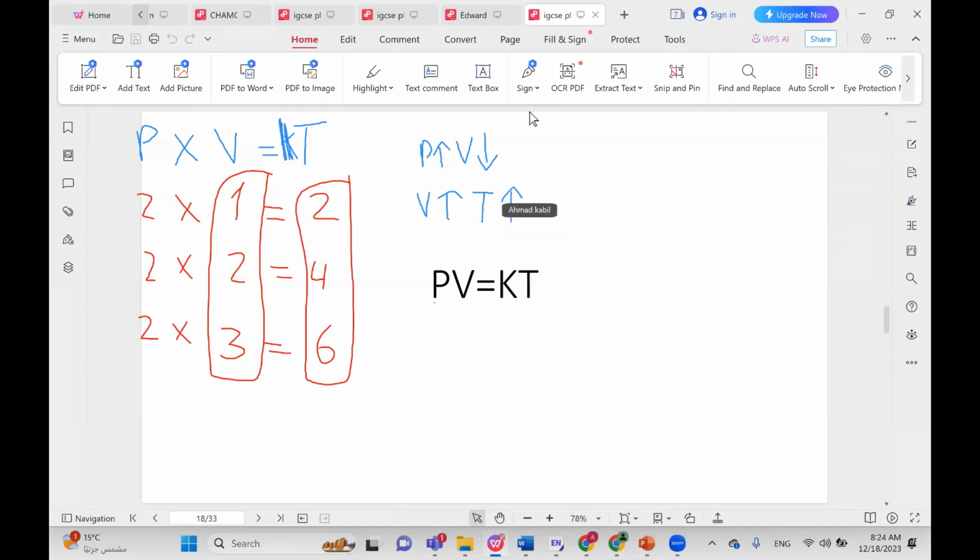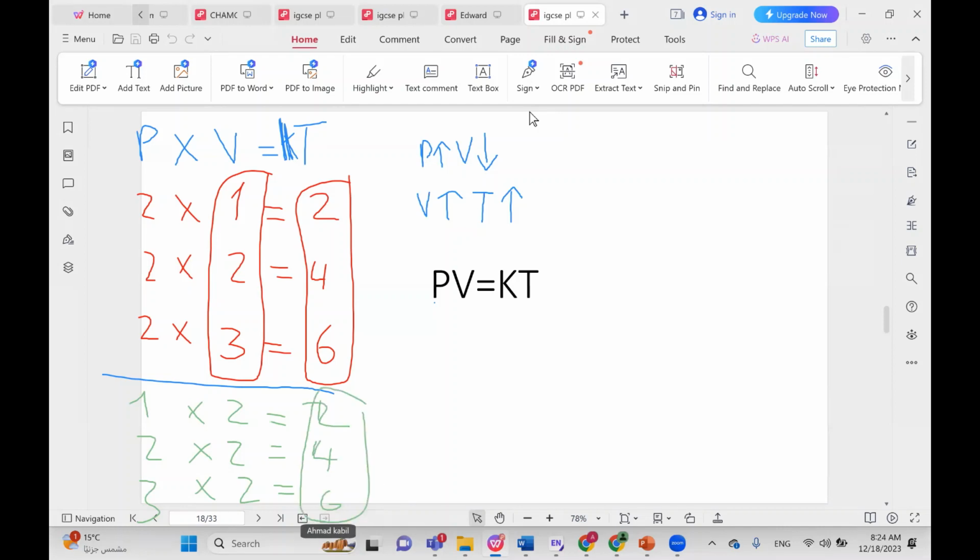Now let's try to do the other way around. Let's keep the volume constant. So let's keep this as 2. And let's maybe try to change the pressure. 1, 2, 3. So you get 2, 4, 6 as well.